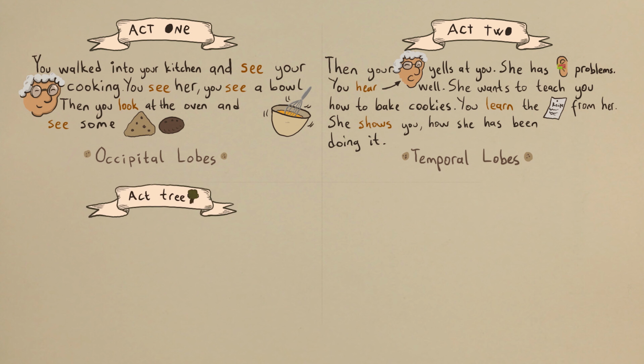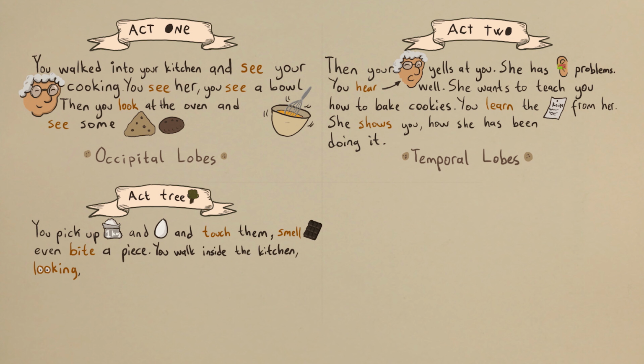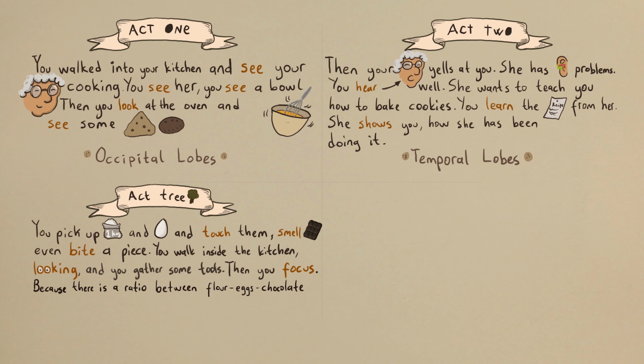Now it is your turn to bake. You pick up flour and egg and touch them with your hands and smell the chocolate, even bite a piece of it. You walk inside the kitchen, looking, and you gather some tools. Then you focus, give your attention, because there is a ratio between the amount of flour and eggs and chocolate.